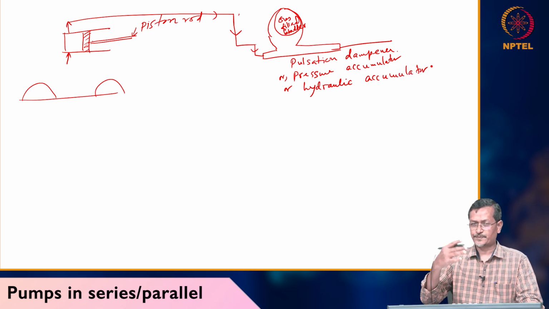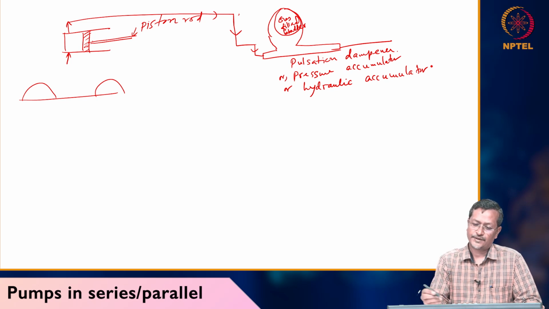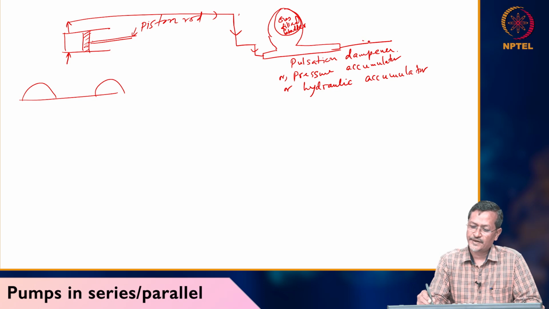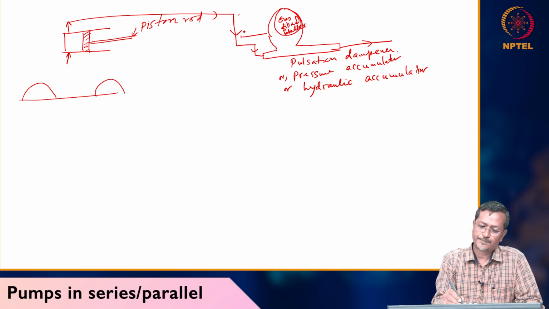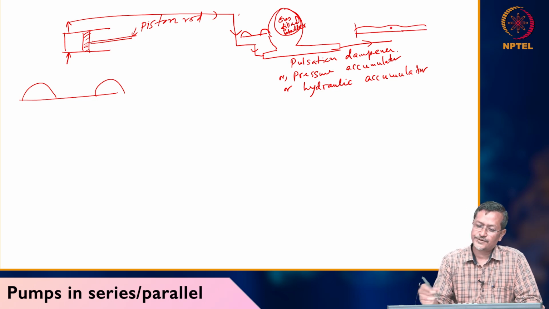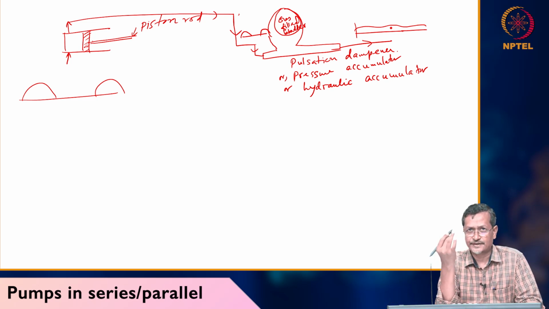So the pressure pulses that are there will be dampened, or the pulses will be reduced, because this gas filled bladder absorbs the pulses and delivers smooth flow. So if the inlet pressure pulses are like this, then the outlet pulses will be like this. It is smoothening, and that's why it's called a pulsation dampener. In many cases this pulsation dampener is used for specific applications.